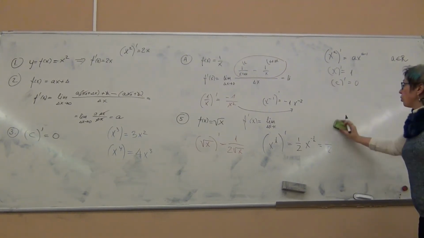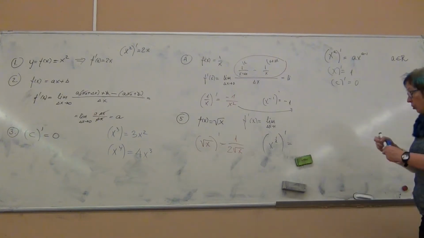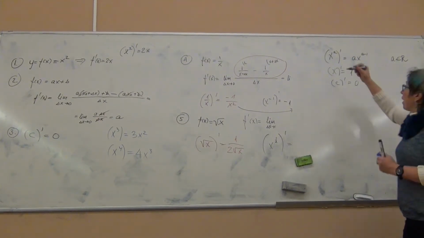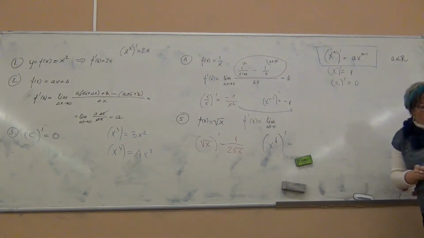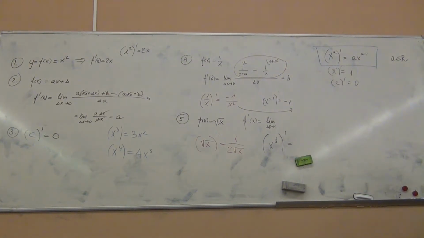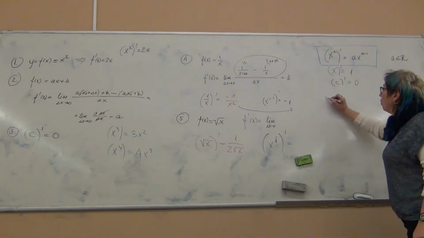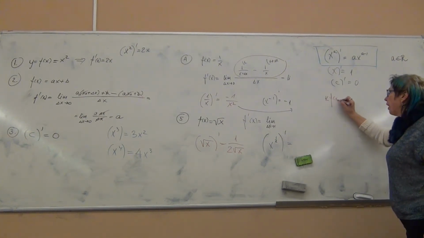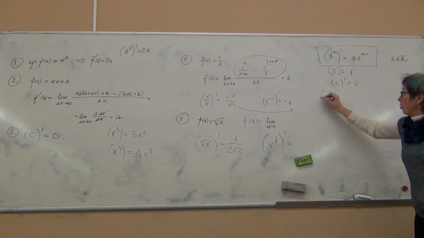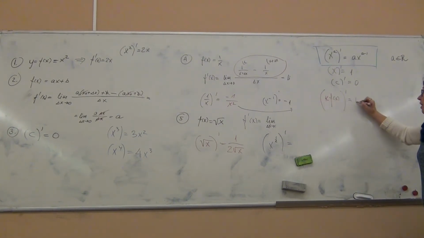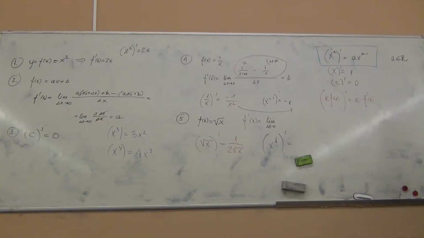Now we also need basic laws. So this is simply the first formula for derivatives, but we also have some basic laws. The first law would be, if I multiply a function by some constant, by a coefficient k, so k is some real number, then the derivative of this function is the same constant times the derivative of the function.